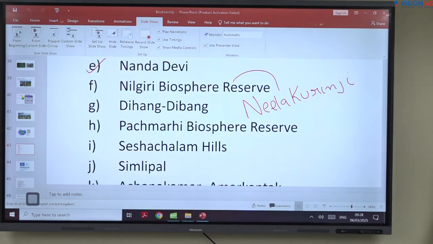When they blossom, they are blue in color. If you look at the mountains from a distance, the mountains will appear blue because of the color of the flower. That is why they are called Nilgiri, the blue mountains, because of the flower which blossoms once in 12 years only. Write down the next one.